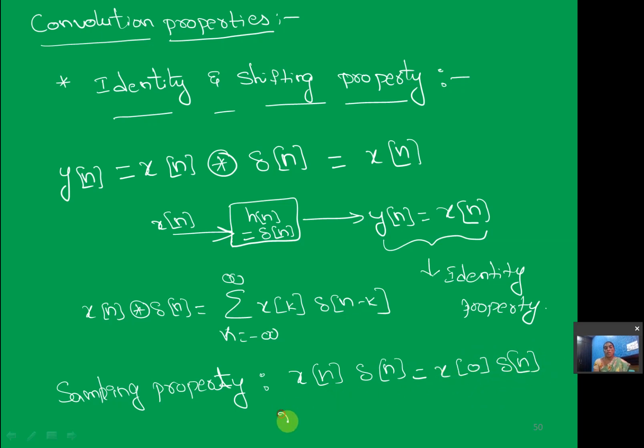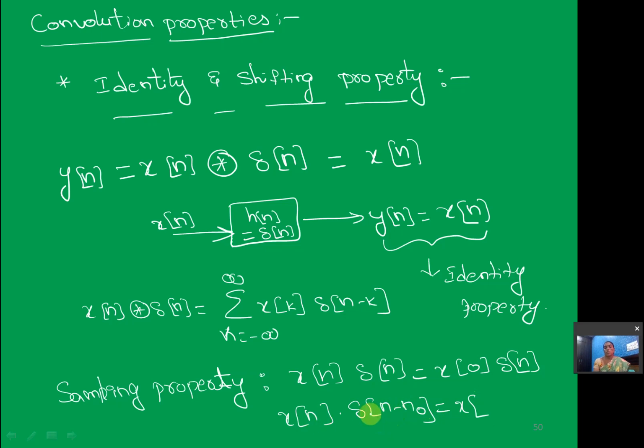And then we have another one, x of n into del of n minus n naught. Here del of n minus n naught is equal to 1 at n is equal to n naught, otherwise 0. That means it exists only at n is equal to n naught.